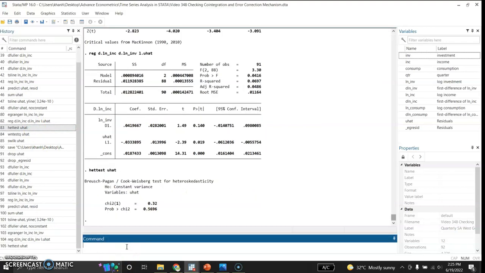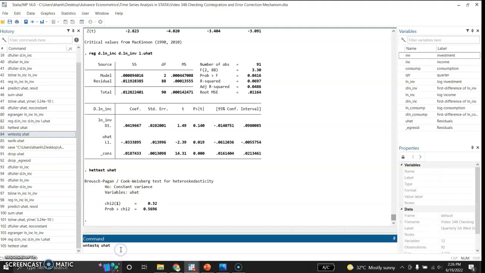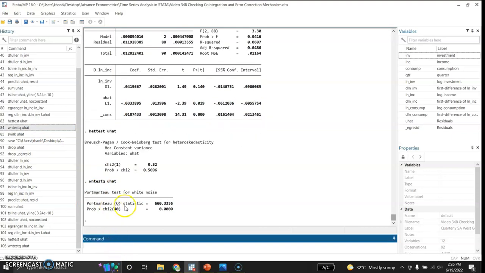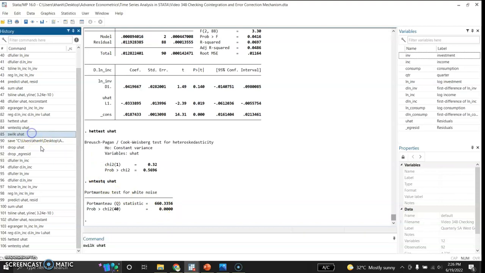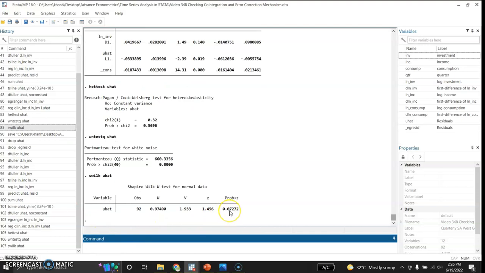This is the heteroscedasticity test, and this says that this value is greater than 0.05, so we fail to reject the null hypothesis, so the variance of the residual is constant. This is the serial correlation test, and it says that the residuals are serially correlated, and this is the normality test for the residuals, and the probability value shows that the residuals are not normally distributed.